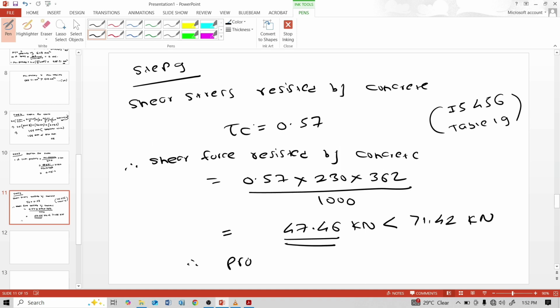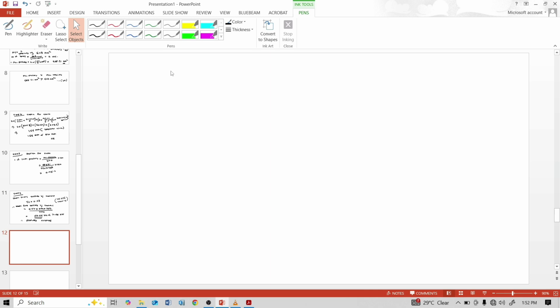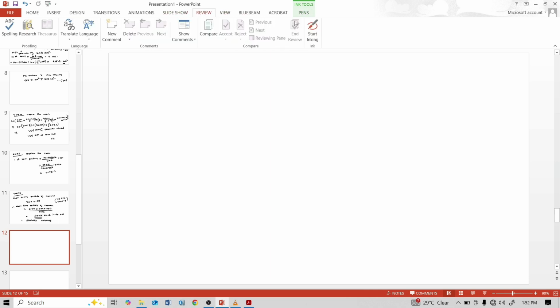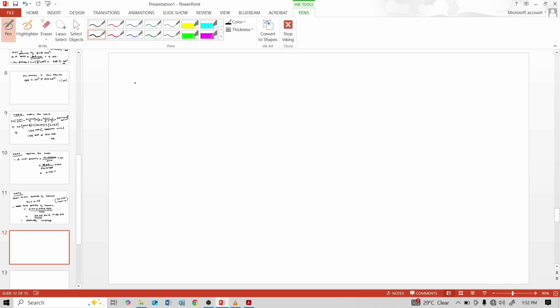Therefore, provided stirrups. Using 8 mm diameter 2-leg stirrups.